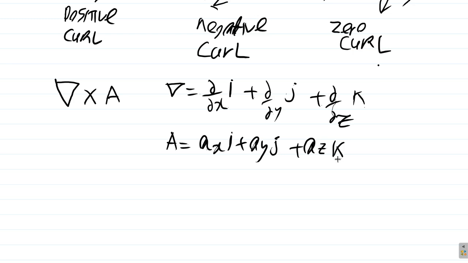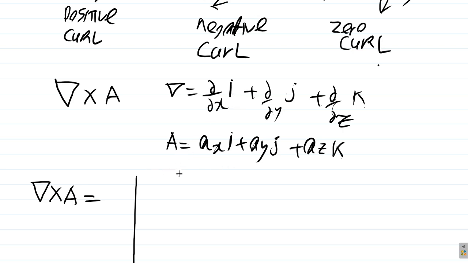Now, here, nabla, again, is waiting on something to act on, and it will act on A. But now, remember what the cross product is. The cross product of two vectors, you could write it as a 3 by 3 matrix.